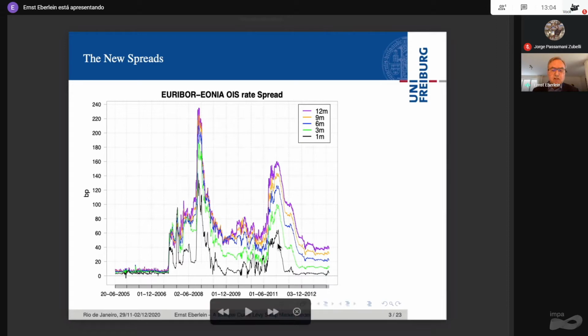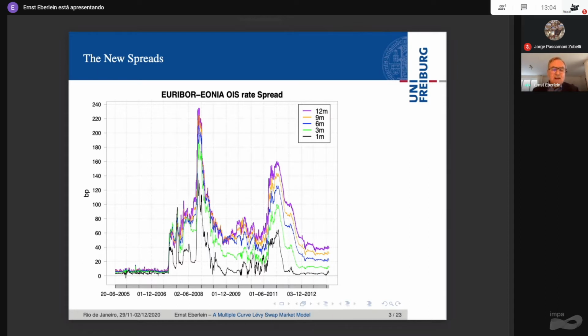Now, here is the famous euro crisis related to Greece. What does it show? It shows that the tenor of an investment matters. In a risk-free world, it's not making any difference to invest your money for 6 months compared to 2 times 3 months, because after 3 months, you invest in the same thing.